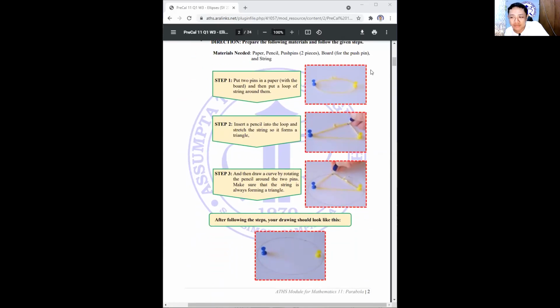If you are familiar with the solar system, the movement of the planets around the sun, actually the sun is not at the centermost part of each planet, but actually the sun is either of the two foci of the ellipse. Simply means that the different planets orbit around the sun in an ellipse path.